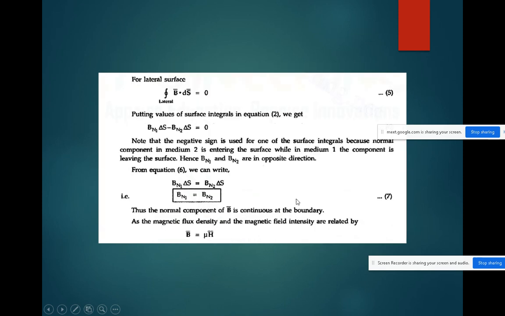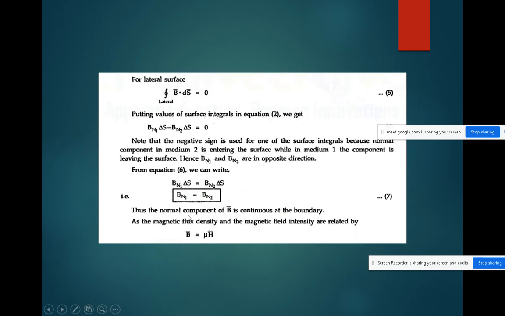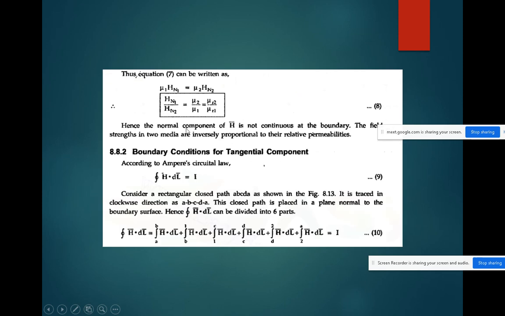So equation 7 can be written as mu1 Hn1 equal to mu2 Hn2. We have represented it as mu H instead of B. So from this, with H on one side and mu on the other side, you will be writing this equation 8. Right?